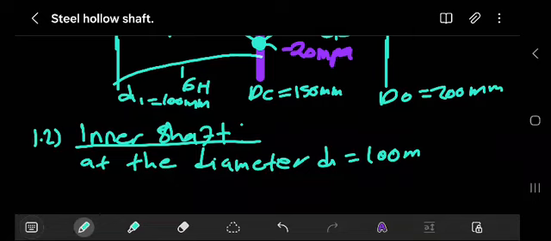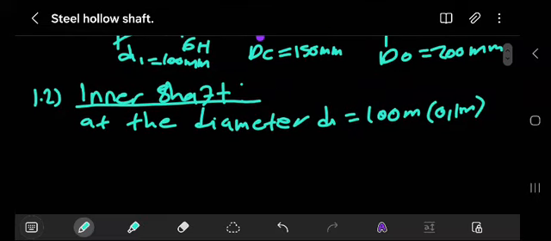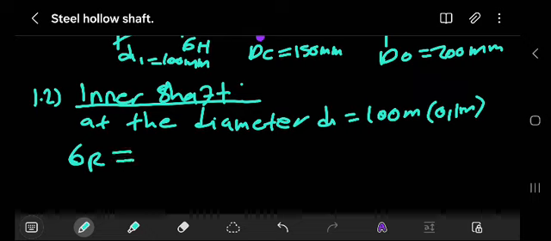This is the same as 0.1 meter. So we know there our radial stress is equal to 0 megapascal.